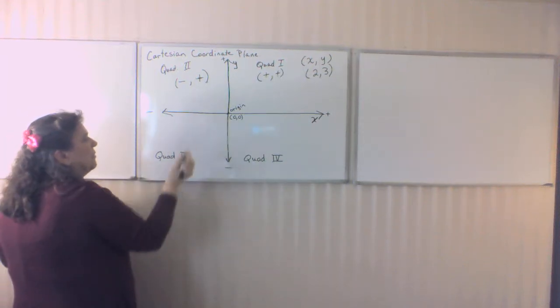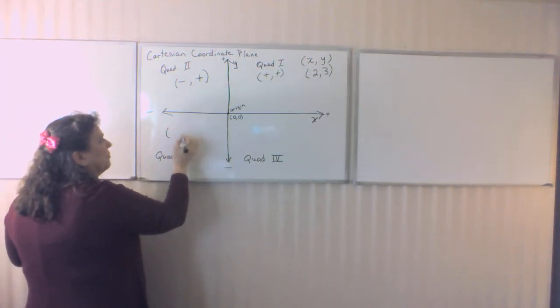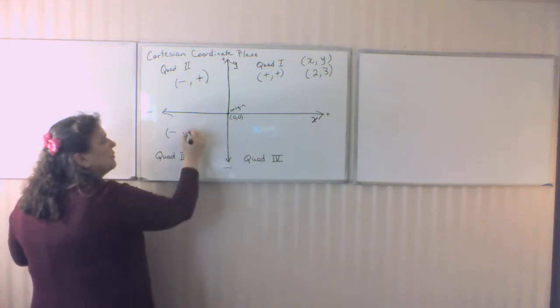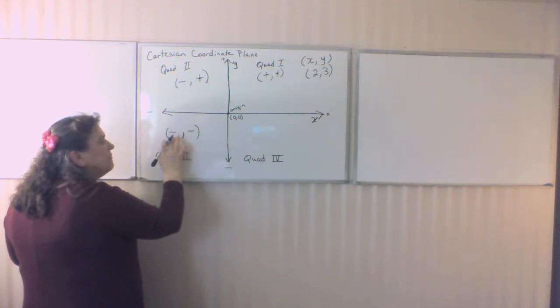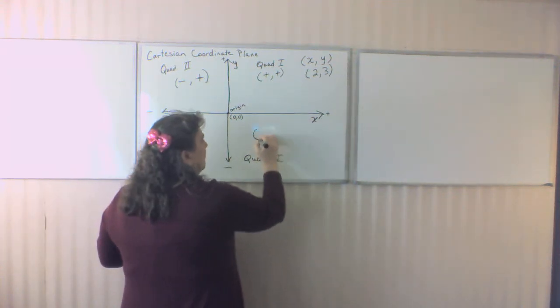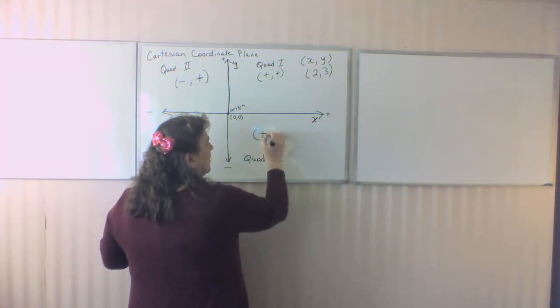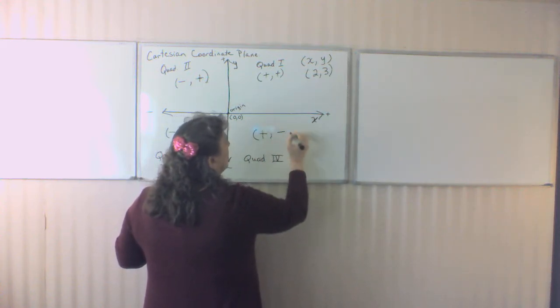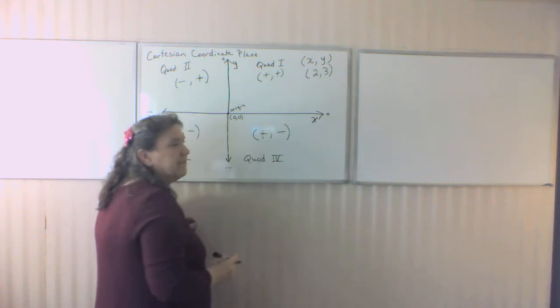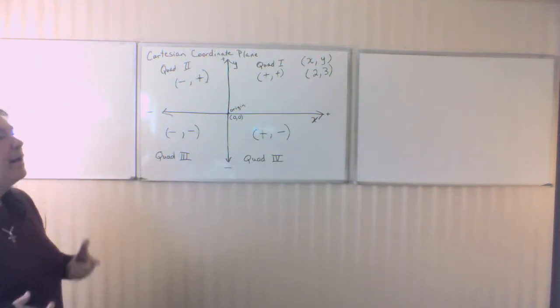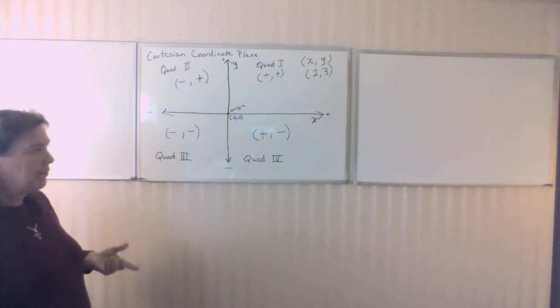In quadrant number 3, your x is negative and your y also is negative. We're left and below. In quadrant number 4, we're right of the origin, so we're positive, but we're below the origin, making y negative. So that shows you the signs that have to be there in every ordered pair that we do.